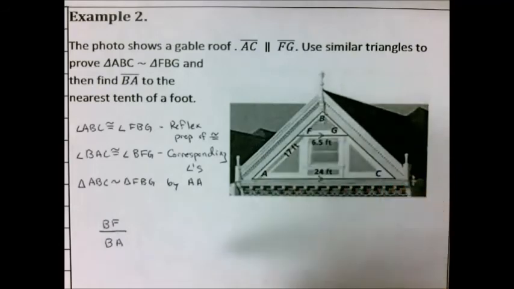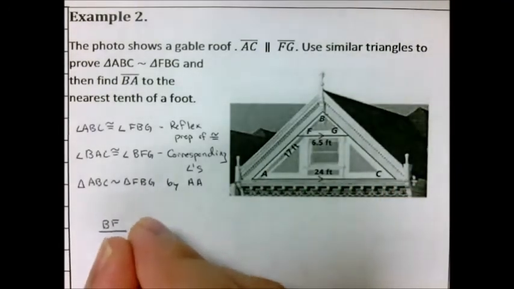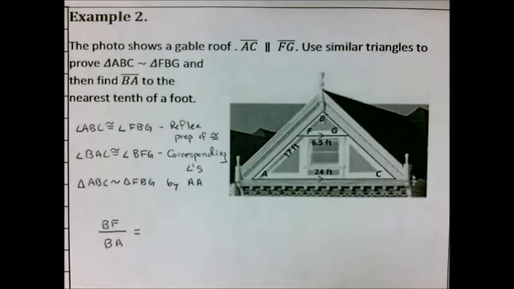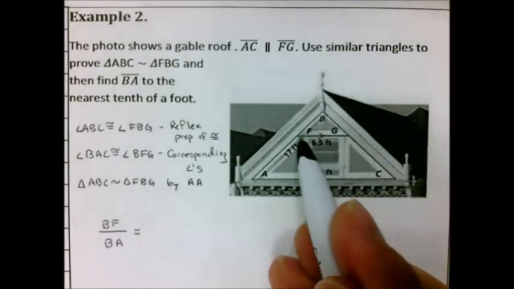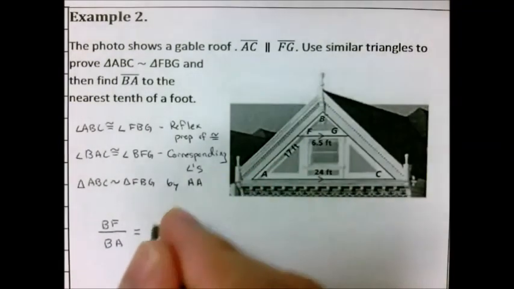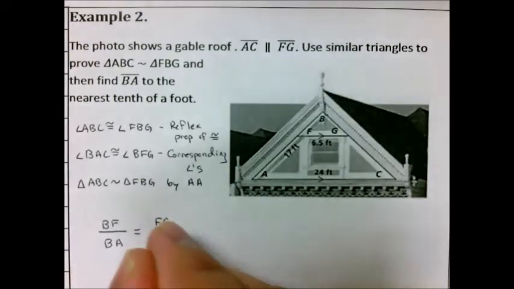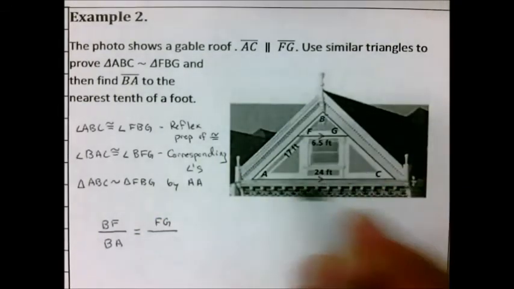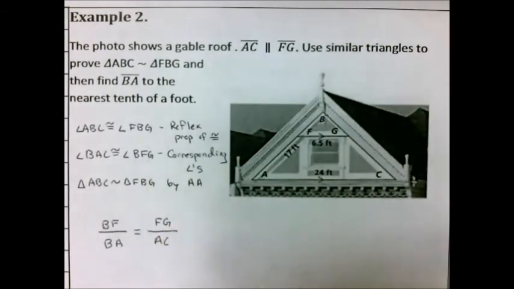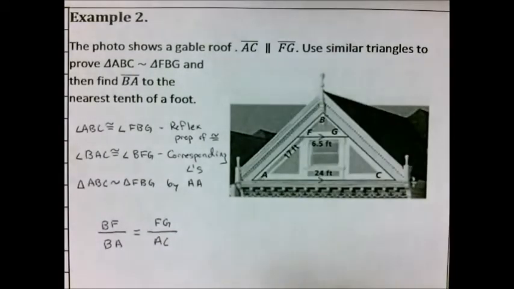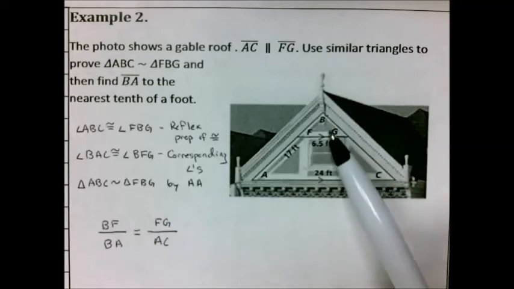And we also know that line FG corresponds to line AC, that big long line at the bottom. I'm using that proportion because we do know the distances of those.